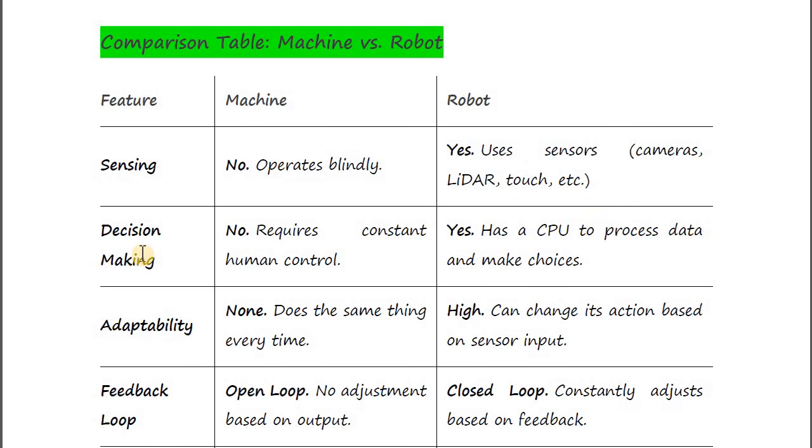Well, what about decision making? Definitely the machine doesn't do it. It requires constant human control. So the human is the one making the decisions, right? What about the robot? Well, it doesn't need a human. It has been made to work on its own. So it has a CPU to process data. Which data?